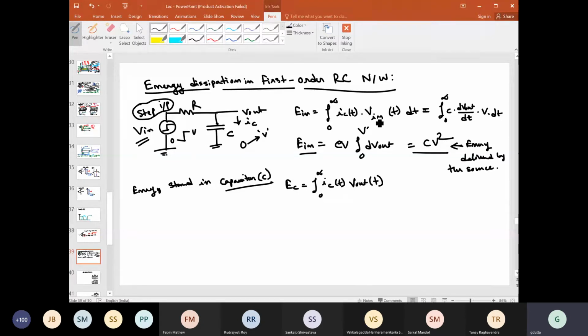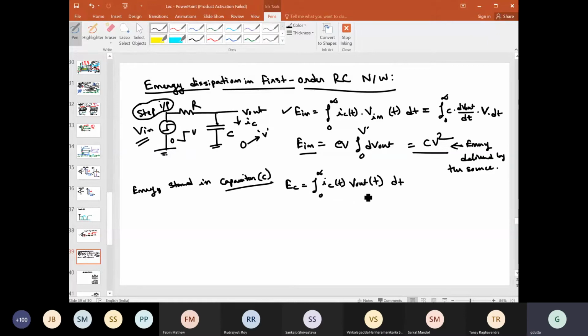Because here we are trying to find the energy delivered by the source. So we have to find the current that is flowing through this capacitor. The same current will be flowing through the source as well. At the same time, what is the voltage of the source? It should be V in, and finally it is reaching V volt. So remember that, here it should be V in, and here it will be IC of t and V in of t dt.